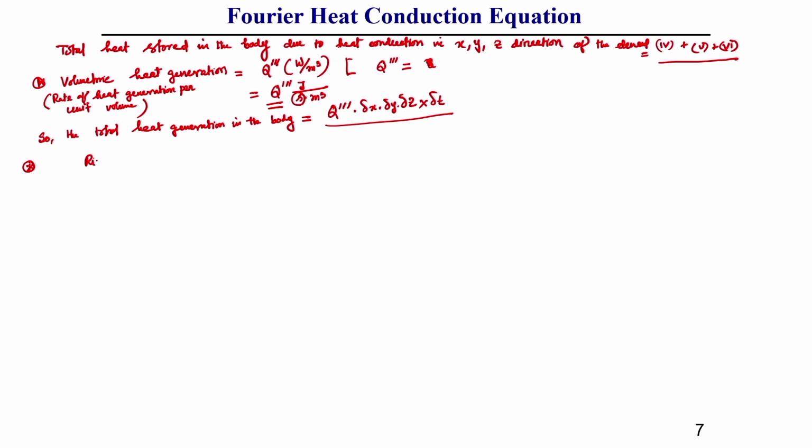So, the rise of temperature due to heat conduction as well as due to the rate of heat generation will be equal to the mass of the body into the specific heat of the material into the rise of temperature of the body.